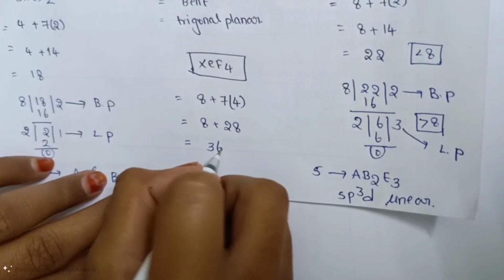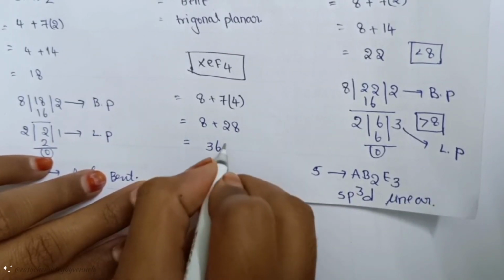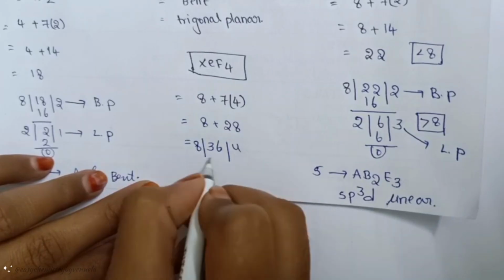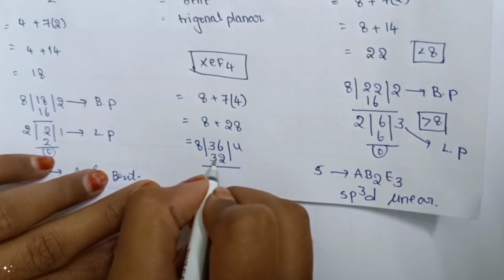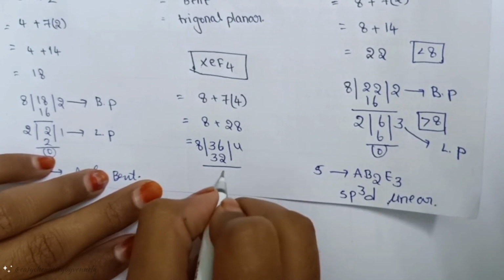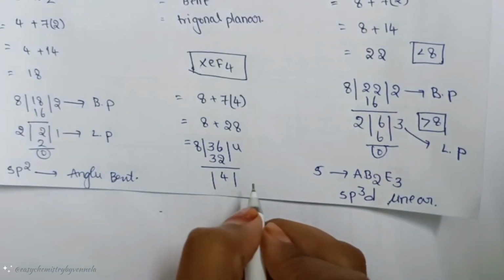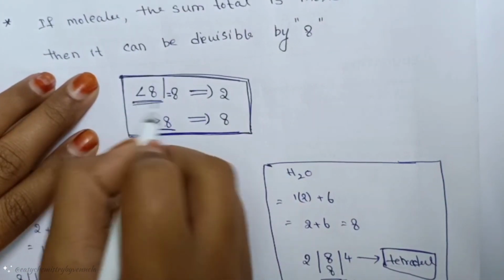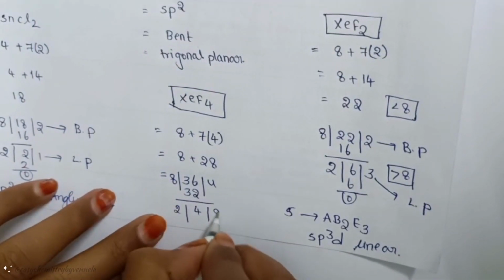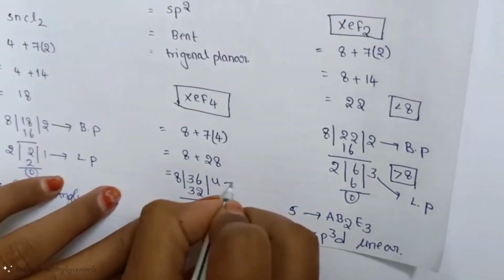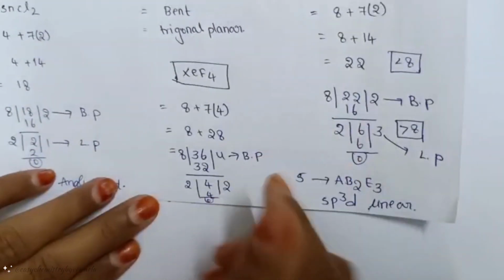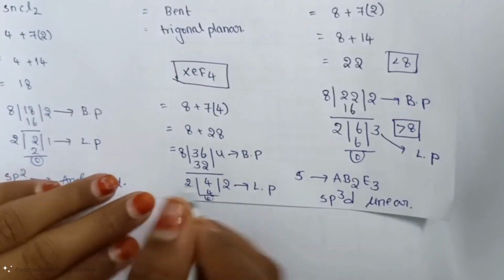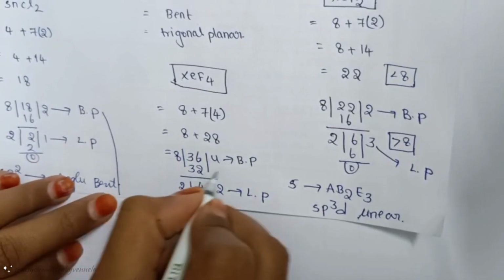This 36 is greater than 8, so it can be divisible by 8 only. 8 fours are 32. 36 minus 32 is 4. This 4 is less than 8. So 2 twos are 4. These are bond pairs, these are lone pairs. What is this hybridization?